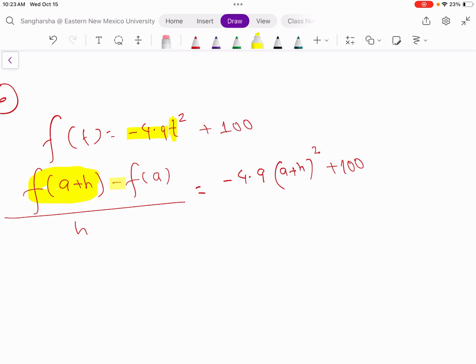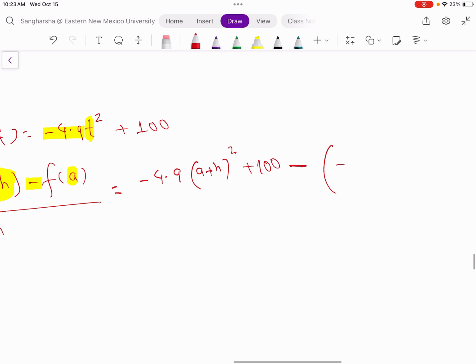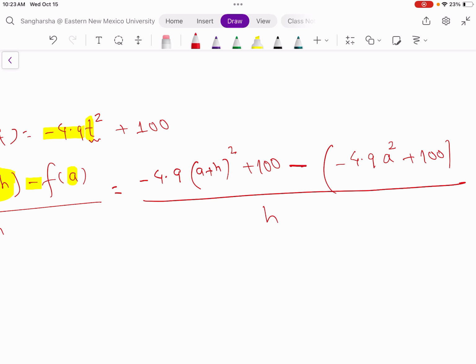Now we have a negative, so minus f of a. How do we find f of a? It's very similar to f of a plus h. Instead of t, we have a in the parenthesis, so we replace t by a. Make sure you have parentheses: negative 4.9 as it is, for this t we have a, squared, plus 100, all divided by h.